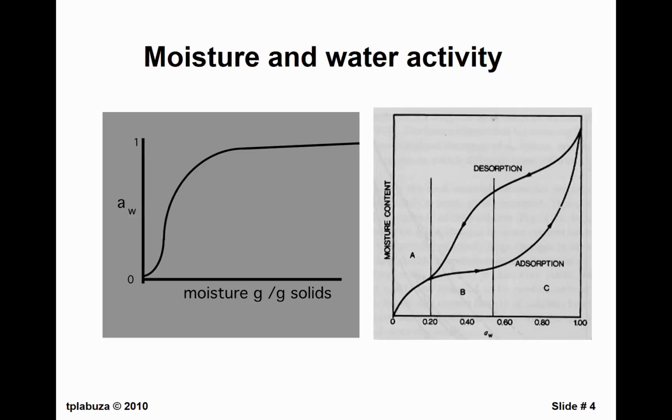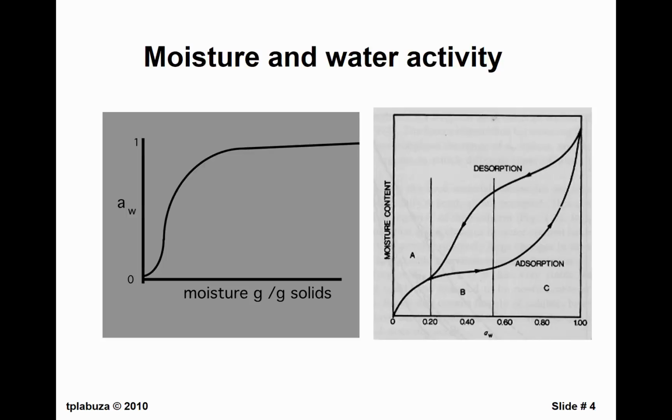If we plot moisture content versus water activity, we get a curve that looks like this. Usually we plot moisture on this side and water activity there, but this allows us to cover a wide range of things. There's a certain water activity above which there's a large change in moisture content for a very small change in water activity.